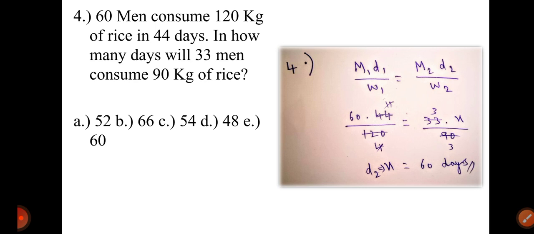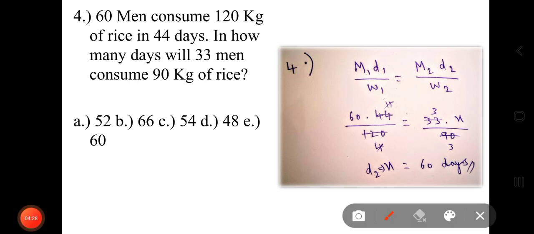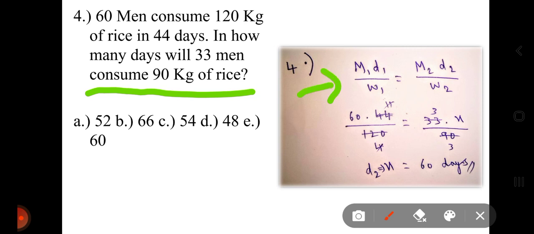60 men consume 120 kg of rice in 44 days. In how many days will 33 men consume 90 kg of rice? By following the formula M1 D1 by W1 equals M2 D2 by W2, we can solve this problem. M1 is 60 men, D1 is 44 days and W1 weight is 120 kgs.